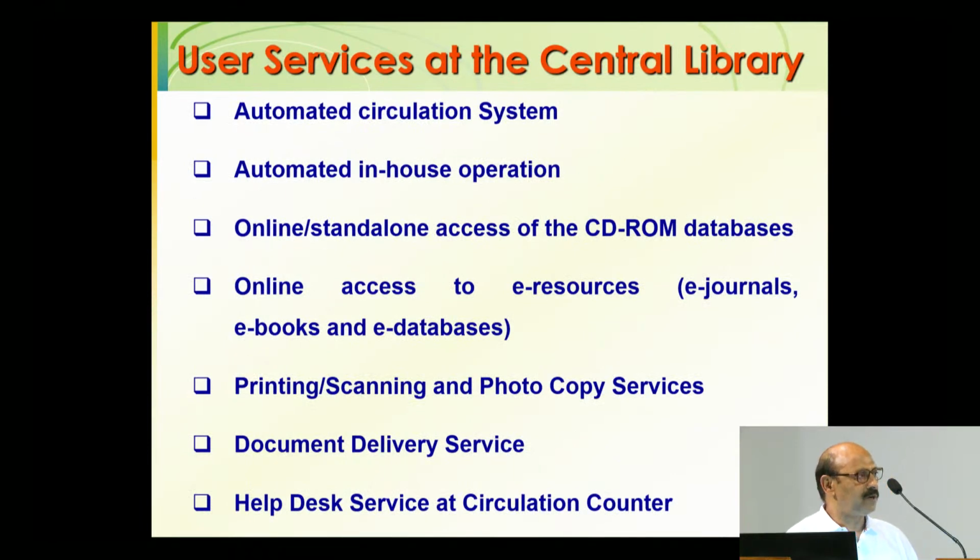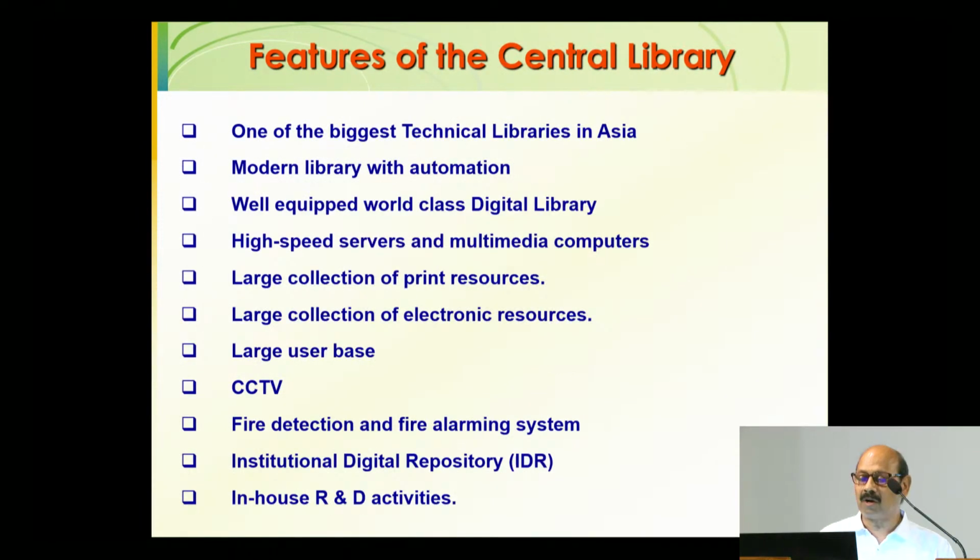So first of all, see what are the features of the library. One of the biggest technical libraries in Asia. It's a huge library. We have two buildings. I'll show you in the photographs. It's a modern library with all automation, well equipped with a world-class digital library. That is the first digital library that we developed in 1993.